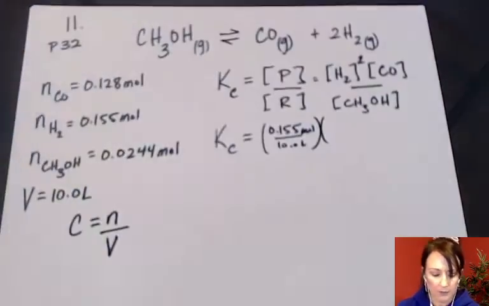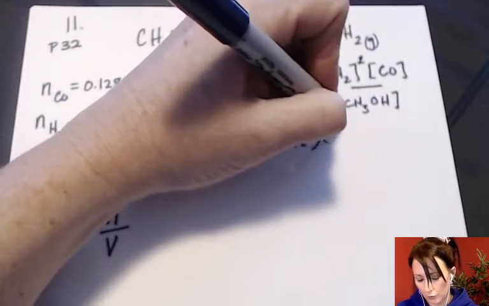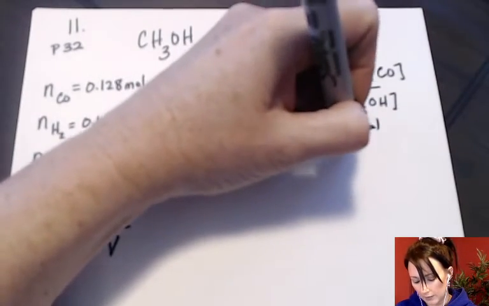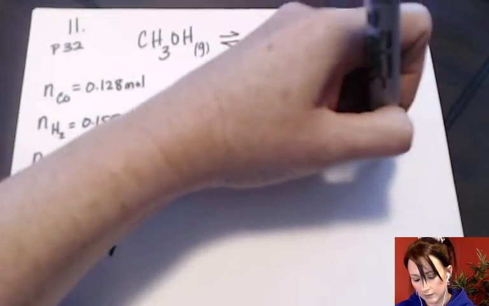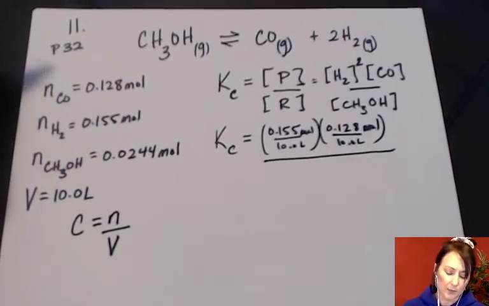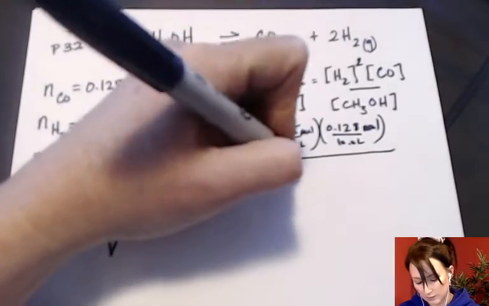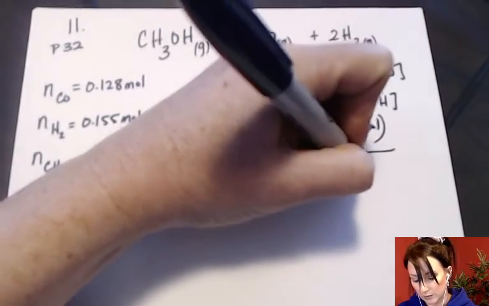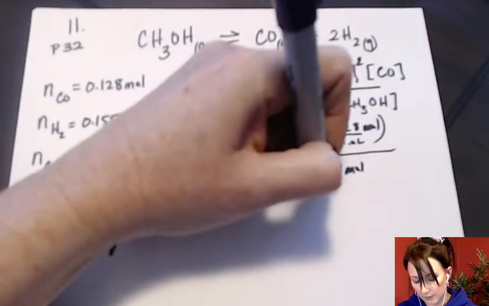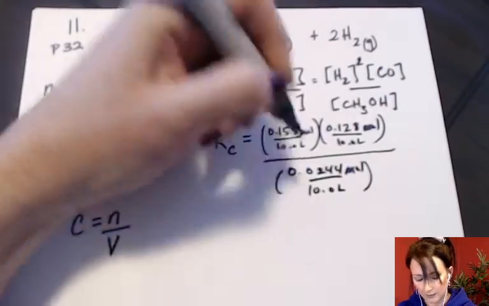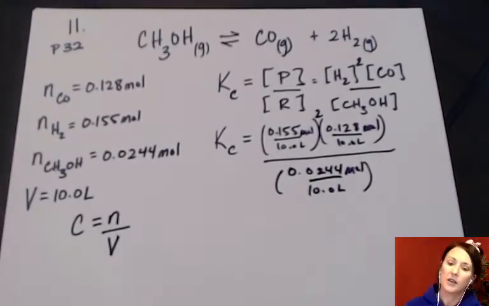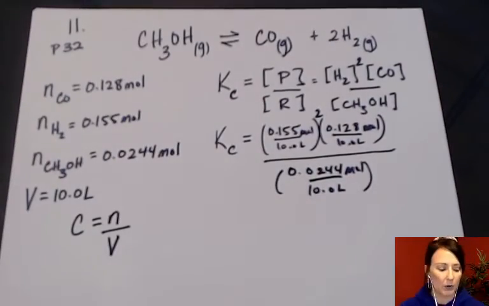And then carbon monoxide was 0.128 moles divided by 10 liters, divided by my reactant concentration, which is 0.0244 moles divided by 10 liters. Don't forget that hydrogen has to be squared. Very common mistake to leave off the exponents in this particular type of question.